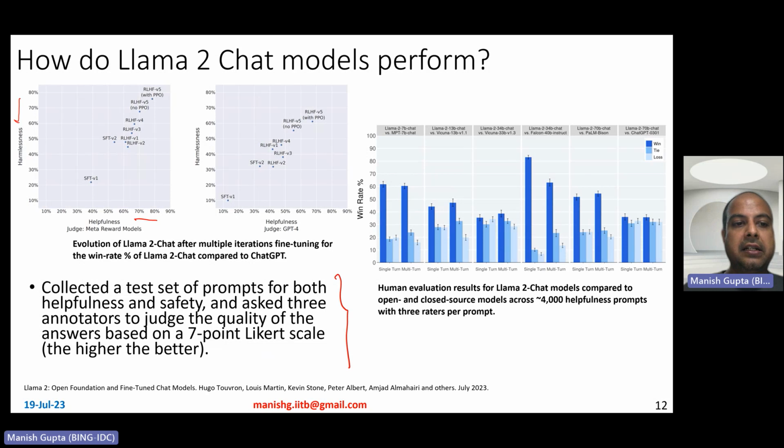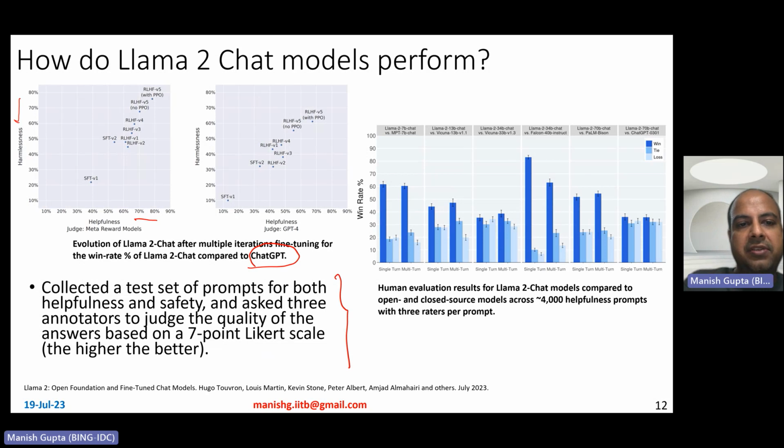So essentially, you take a prompt, give it to these models, get the responses, and ask the annotators, hey, what do you think? Which one is more helpful, ChatGPT or this model? So they basically compared with ChatGPT for everything. And they also asked which one is more safe, ChatGPT or this model.